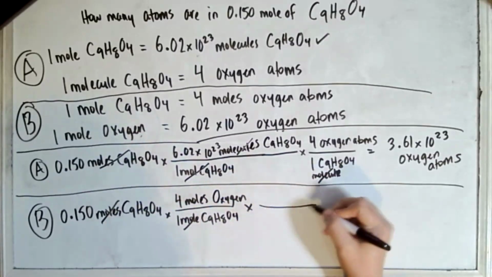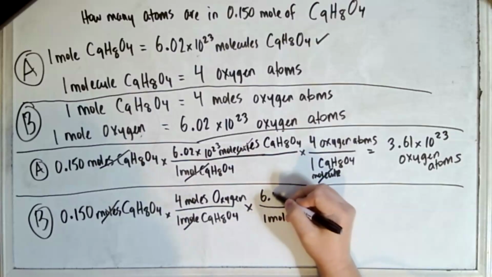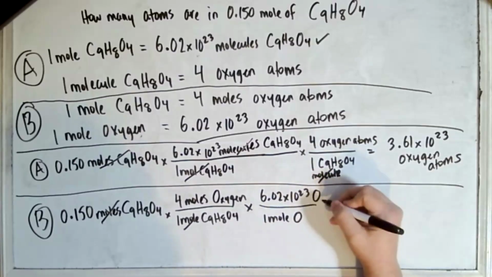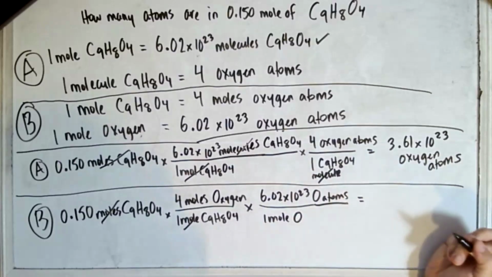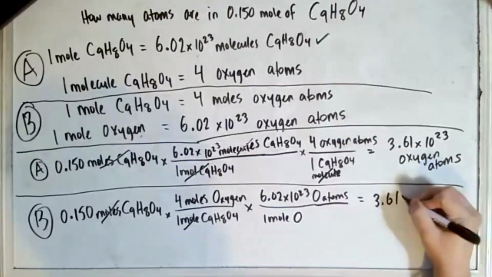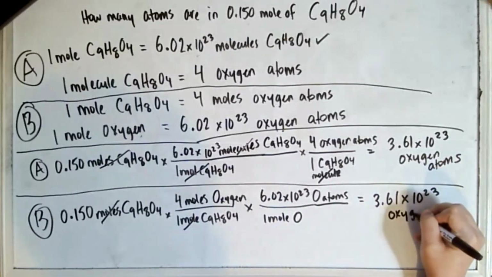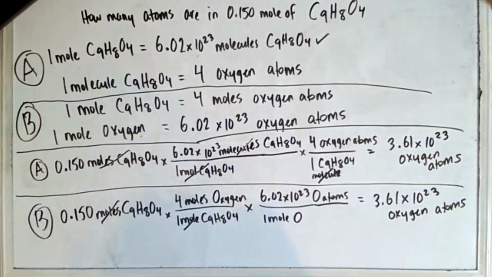And then we can use Avogadro's number that tells us every 1 mole of oxygen is 6.02 times 10 to the 23 oxygen atoms. Okay, and we're still going to end up with 3.61 times 10 to the 23 oxygen atoms. Either of those pathways works fine.